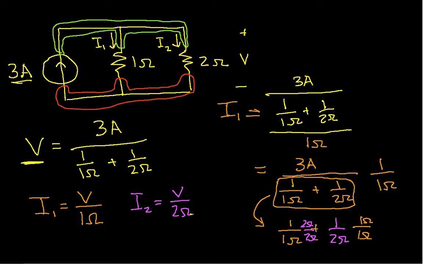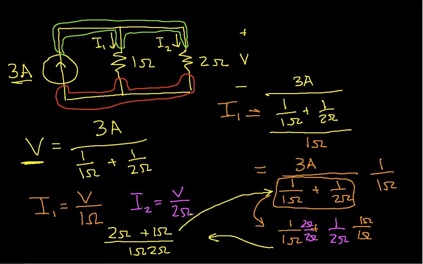When I work this out, I end up with an expression that looks like this. I get 2 ohms plus 1 ohm over 1 ohm times 2 ohms. Basically, that's what this looks like.